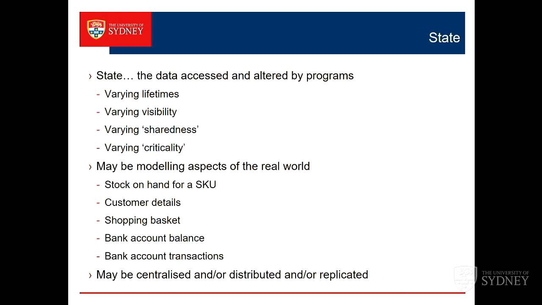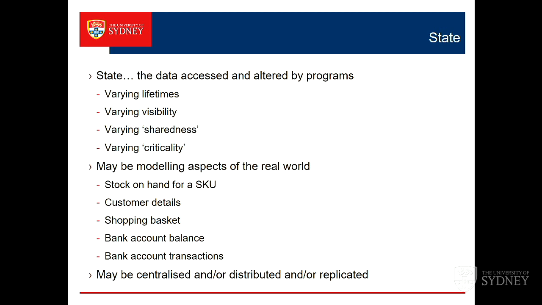So let's look at some of the examples. Typically, some of our state will be modelling aspects of the real world. We build a computer system to model the world, and we transform the data in some way to reflect that world. So what we're doing is building models.